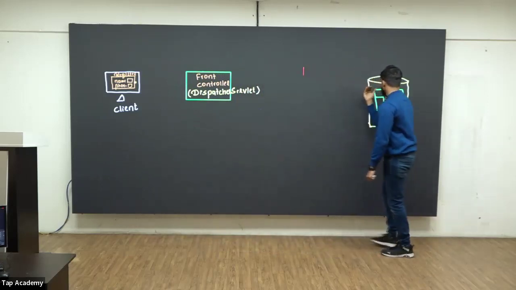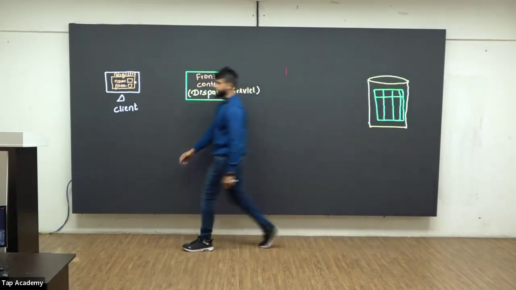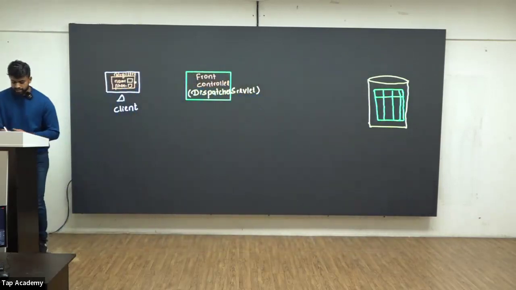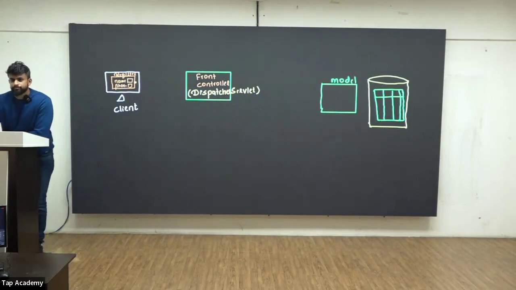I'll pause here. Let me come here. If I have to interact with this database or table, you need someone. And who is that someone, sir? If you ask me, that someone is model. Tell me, how will you code model? Pojo classes.